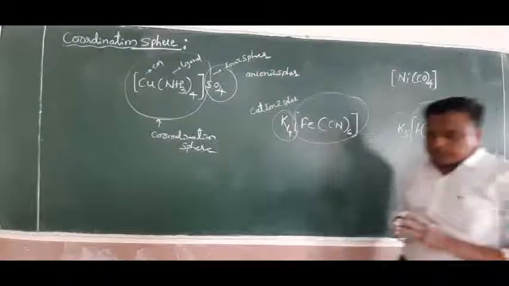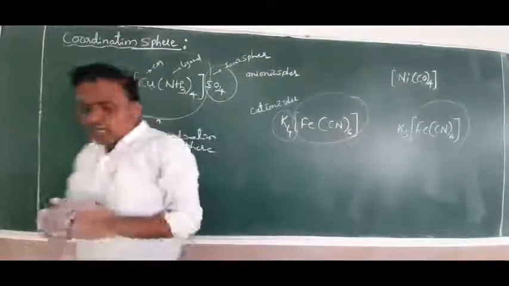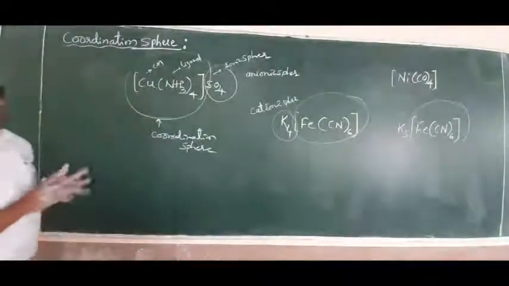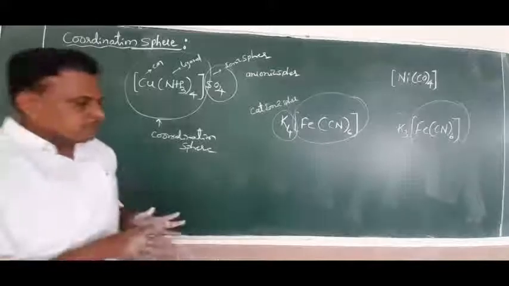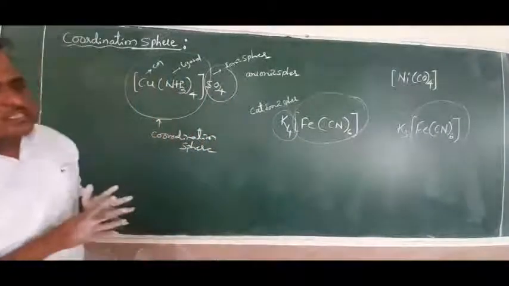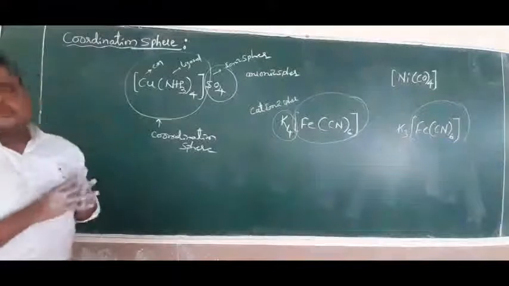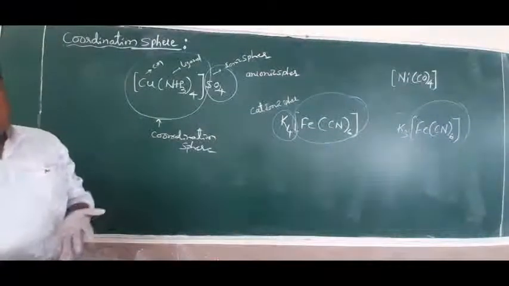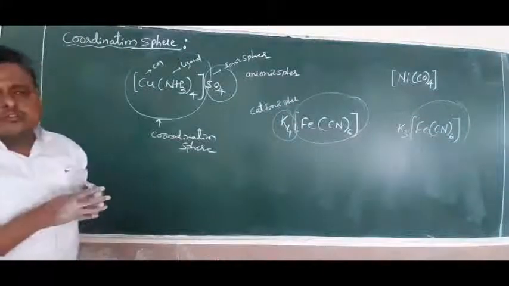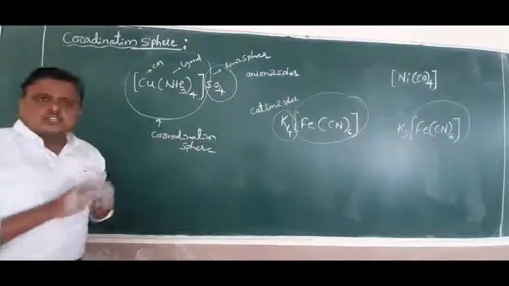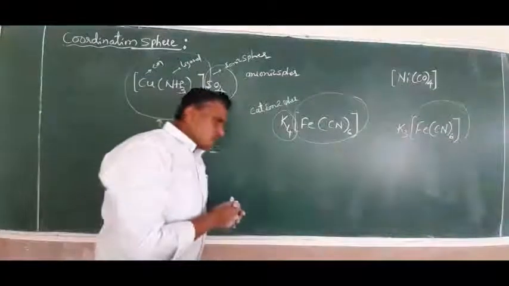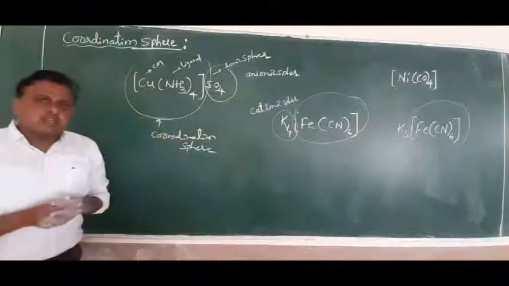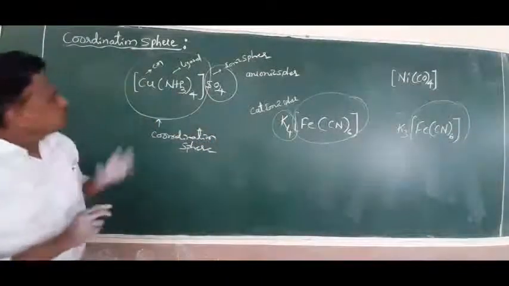This is today's part, friends. We covered three concepts in this video: coordination entity, coordination number, and coordination sphere. Coordination entity is a fixed number of ligands, anions or neutral atoms, joined with the central metal. Coordination number is the total number of coordination bonds between ligand and central metal.